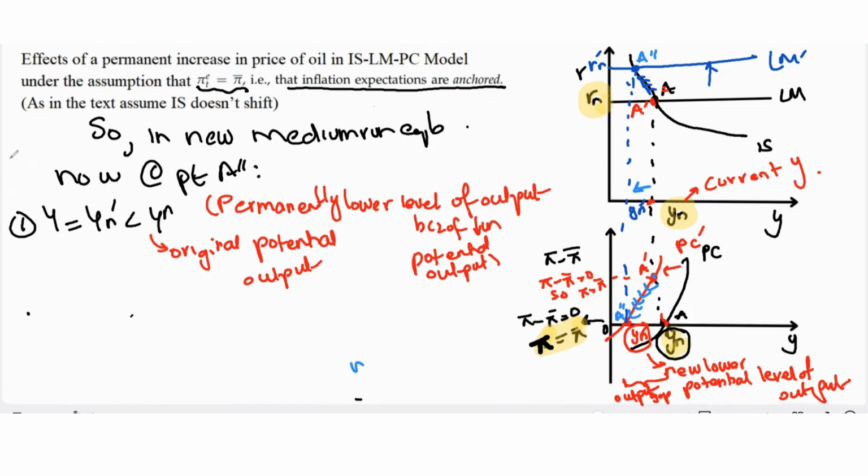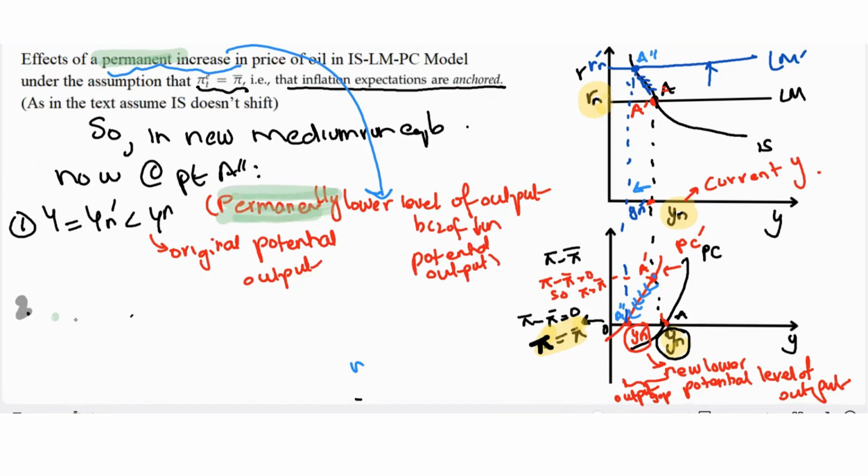And this is because we assumed a permanent increase in the price of oil, right? It was a permanent increase, so we end up with a permanently lower level of potential output. So that's the first thing: we have a permanently lower level of output.